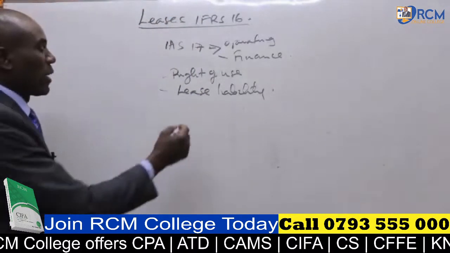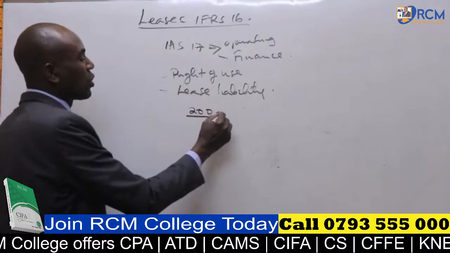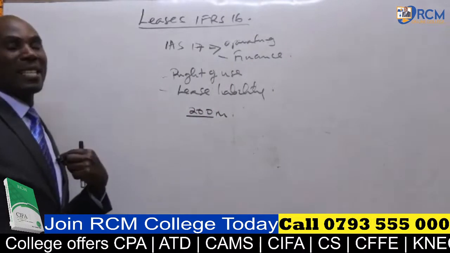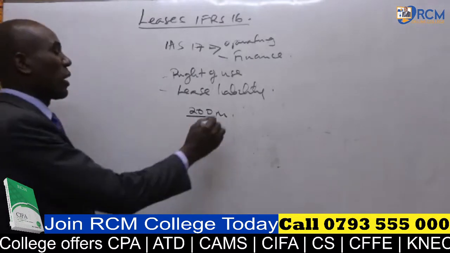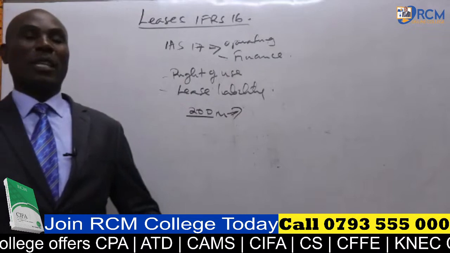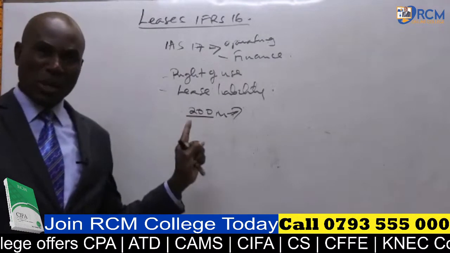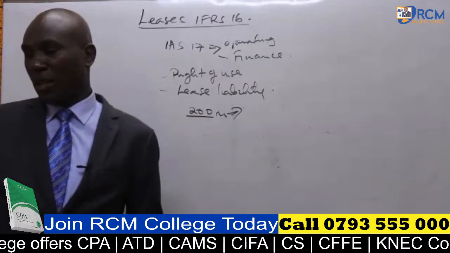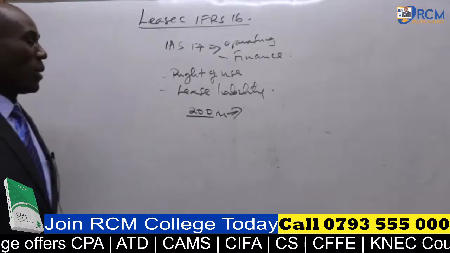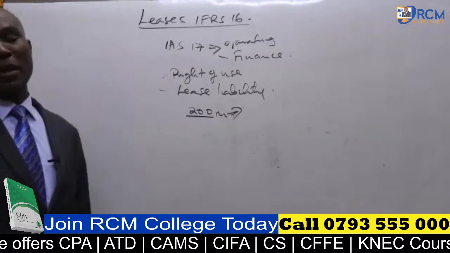I said that, for example, the asset cost to the owner of the asset is 200 million. I, as the lessee, the borrower of the asset, will not recognize 200 million. But what I will do, I will look for the present value of minimum lease payments.